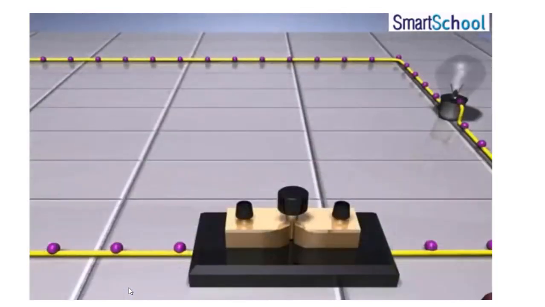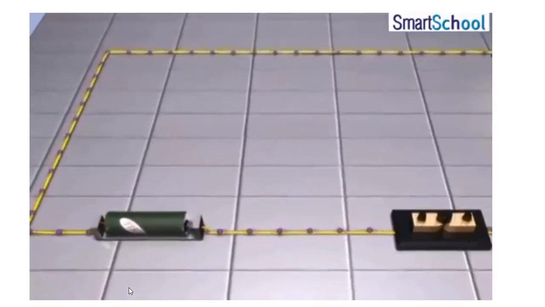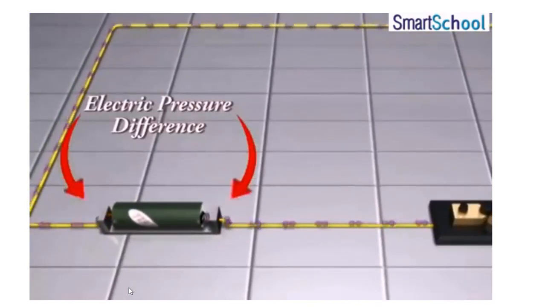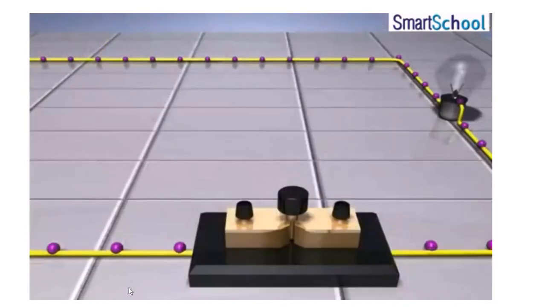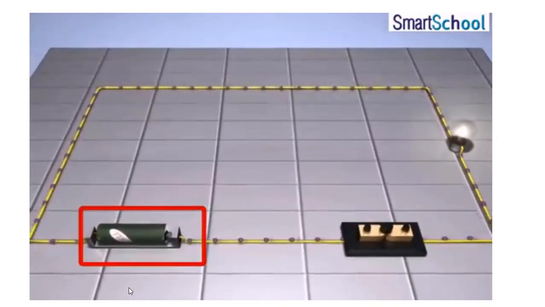Similarly, the electrons move in a conducting wire only when there is a difference of electric pressure along the conductor. This difference in electric pressure is known as the potential difference. But how is it achieved? It is achieved using a cell or battery.